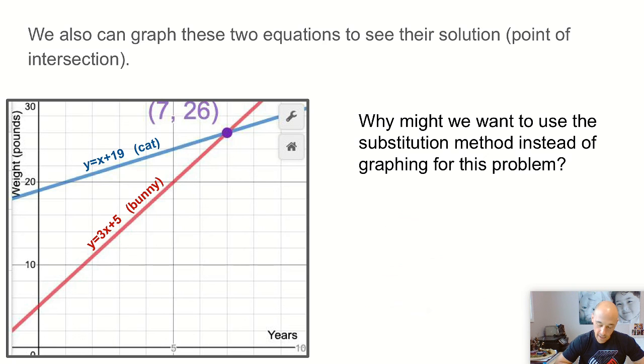And if you do have graph paper, it still may be hard to make sure that you get those lines just right so that you see the exact point where it's crossing. So those are the reasons why it might be better to use the substitution method. Some reasons. Can anyone else think of other reasons? That's one other good reason.